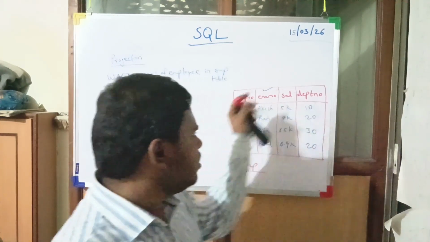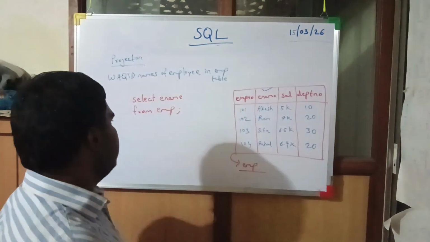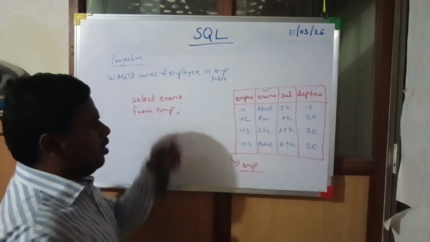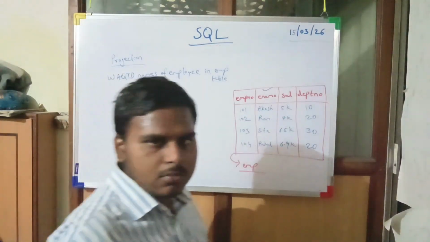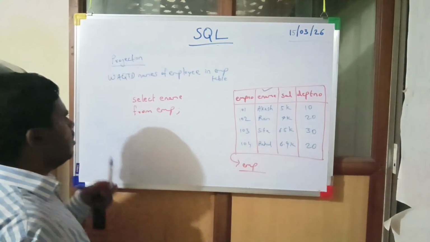This is the employee details in the employee table. Now I want to display the name column, so the output I should get is ename: Akash, Ram, Sita, Rahul. So how is it internally working?